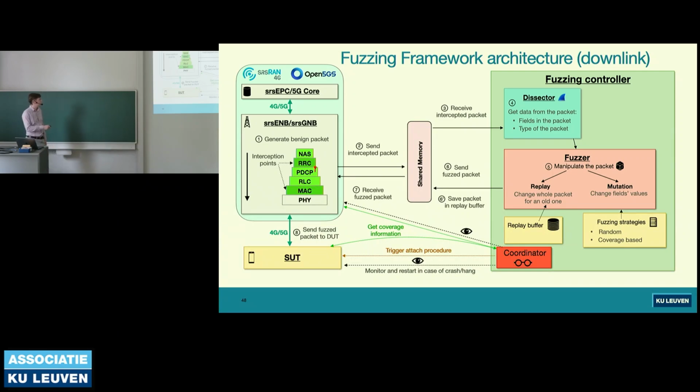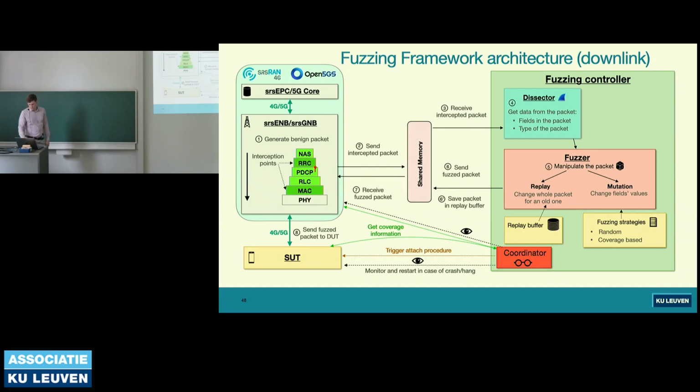So if we intercept the packet only on the MAC layer, then we cannot change anything that was done before the encryption, because it will violate the encryption and the packet will be rejected. That's why we need the interception point on the RRC layer, so we can mutate both the RRC layer fields and the NAS layer fields at this point. And then on the MAC layer, we can mutate the fields below that.